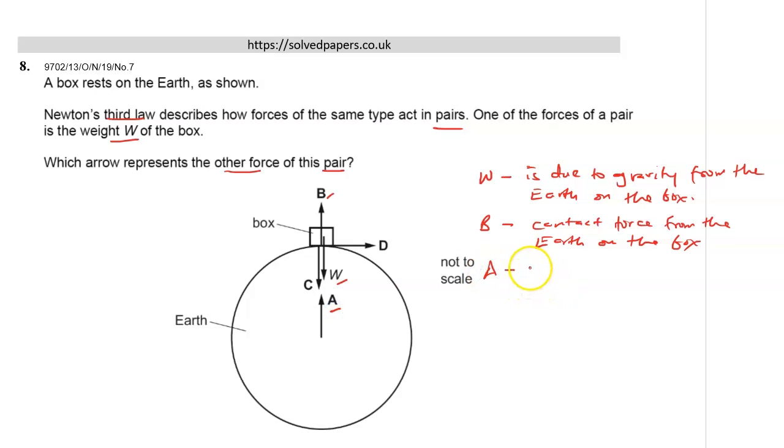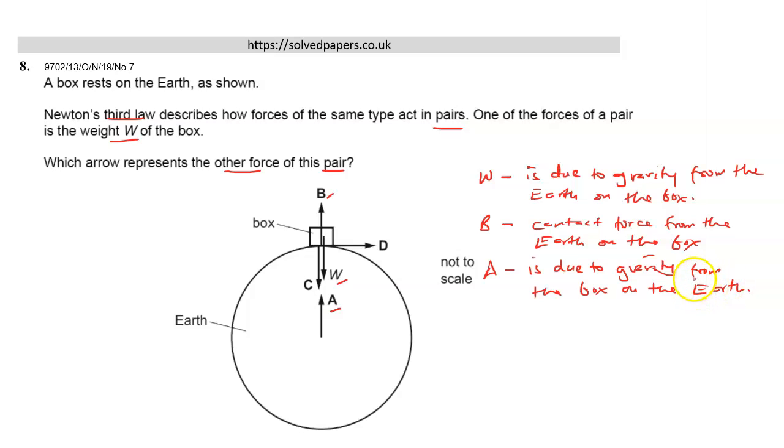Now air is due to gravity, from the box on the earth. The box is pulling the earth towards itself.